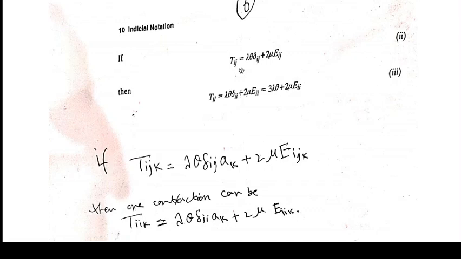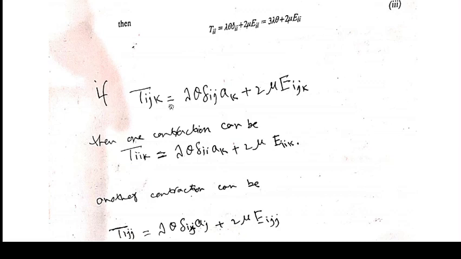How can you sum on this? By making these the same, that is Tii, that you are contracting these free indices. Now let's see what happens during contraction. Here you have 2 free indices, and here you have no free index. You have done 1 contraction and you have no free index.